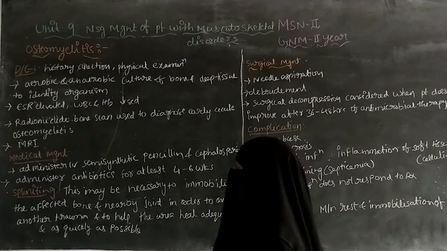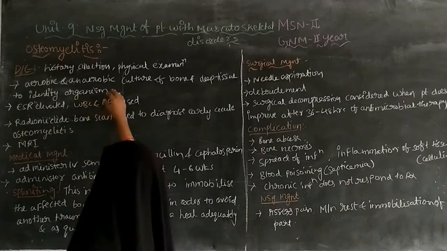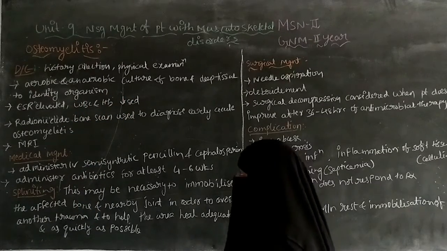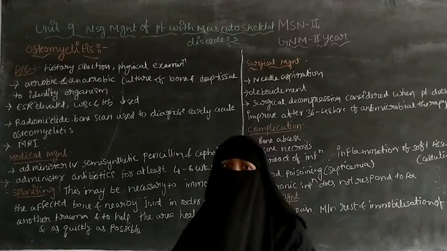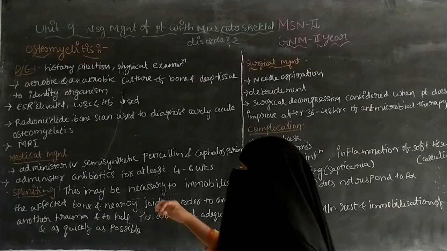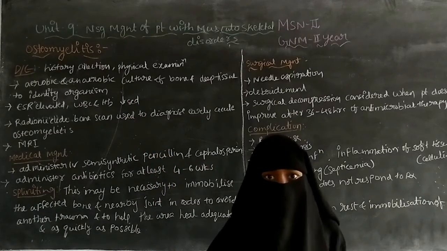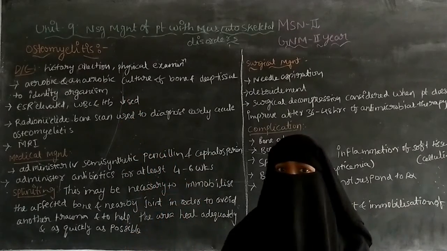Next, there is aerobic and anaerobic culture of bone and deep tissues. From the bone and the deep tissues we collect the sample and keep it in aerobic and anaerobic culture. Aerobic means in the presence of oxygen, and anaerobic means in the absence of oxygen.